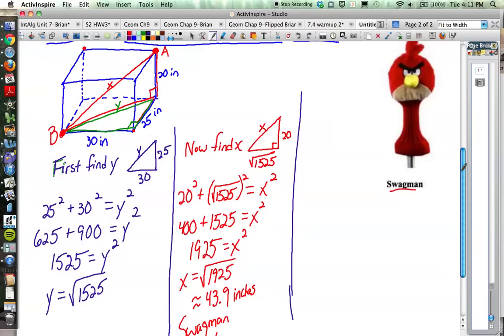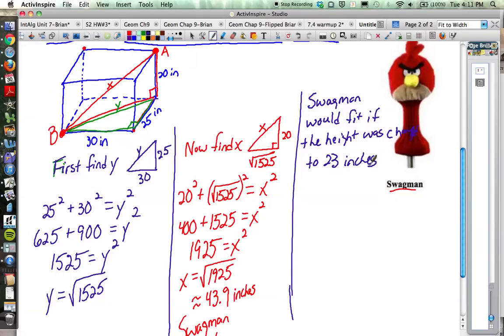Now, what I figured out was that Swagman would fit if the height was changed to, I'm going to write and talk at the same time, if the height was changed to 23 inches. All right, so if the height was changed to 23 inches, then it would work.